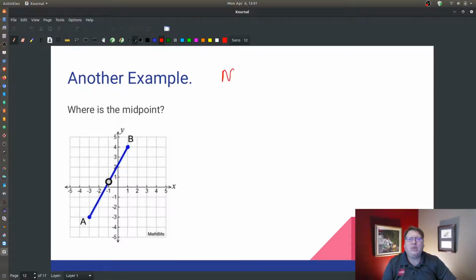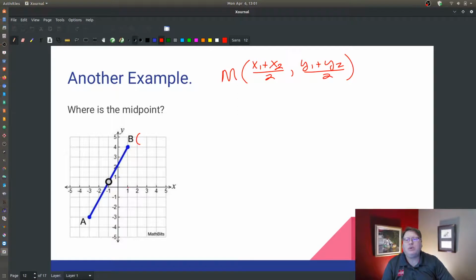We know our midpoint formula is x1 plus x2 divided by 2, and y1 plus y sub 2 divided by 2. And we know that we can locate the endpoints here. Now they didn't give us the endpoints, but we know how to write the coordinate of our point.